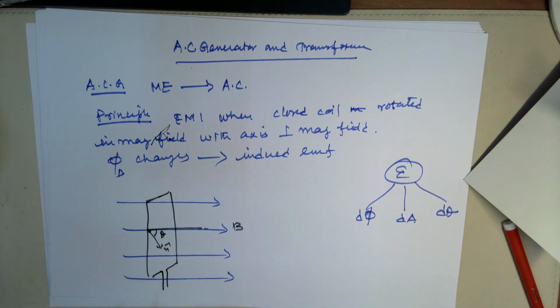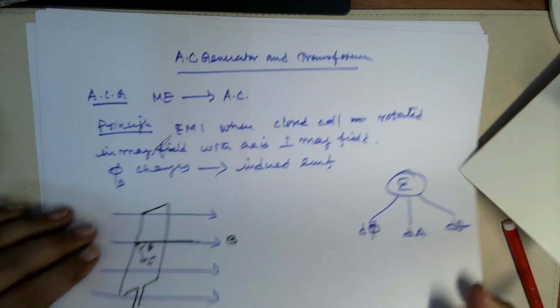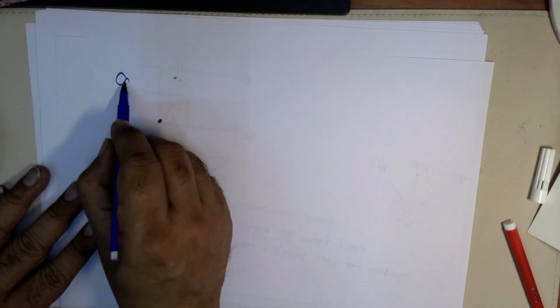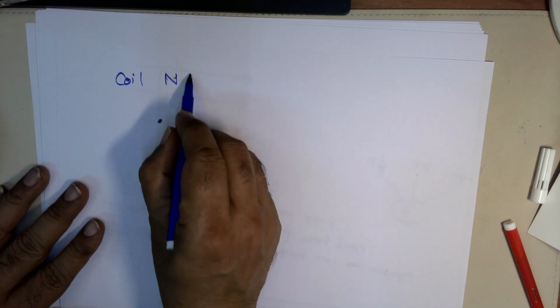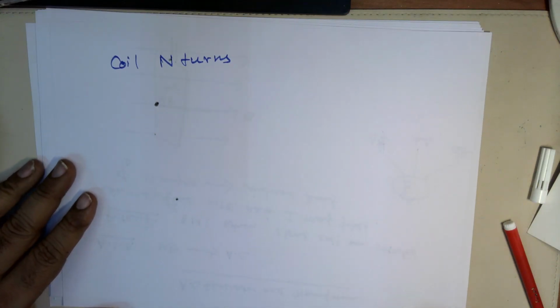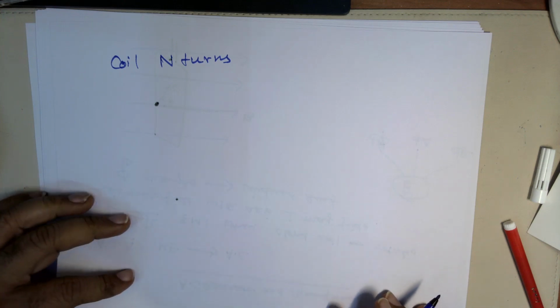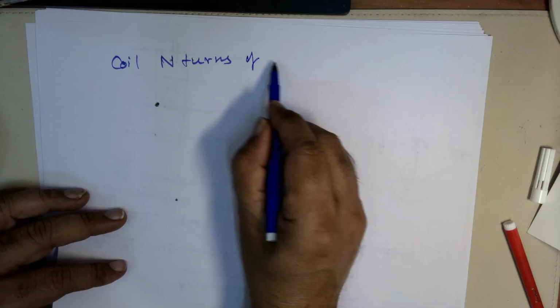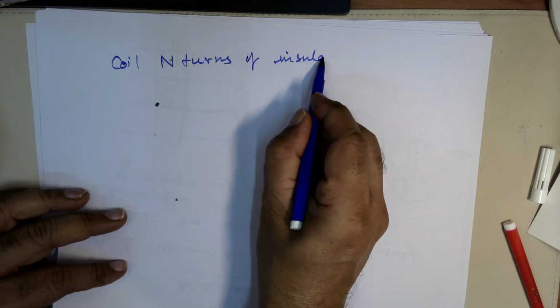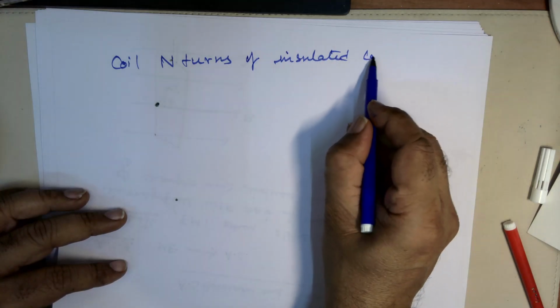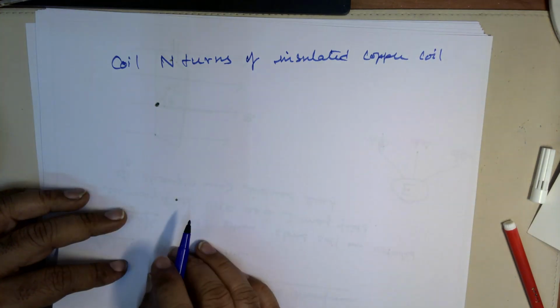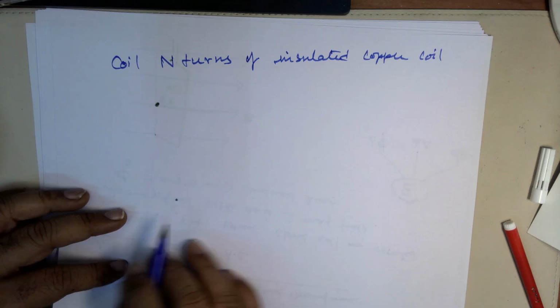Now let us consider the theory part. You consider a coil, take down. It consists of n number of turns of insulated copper coil rotating in the uniform magnetic field.